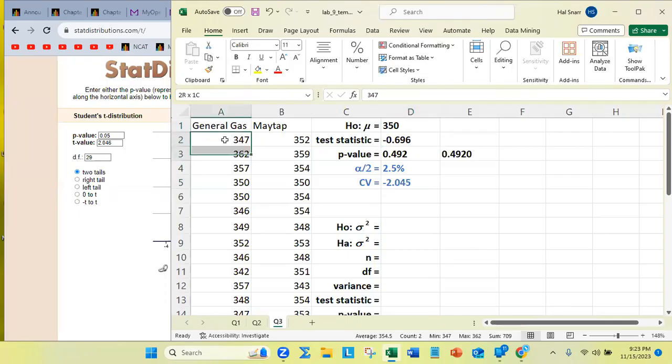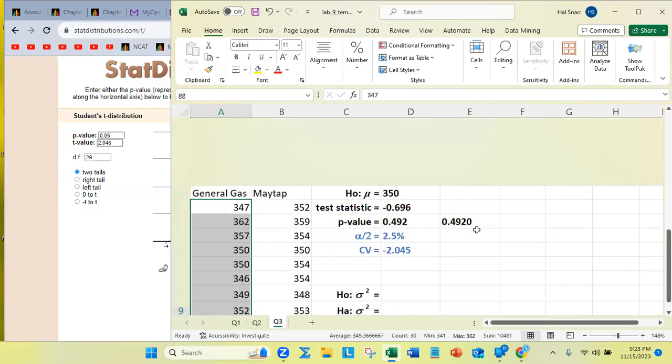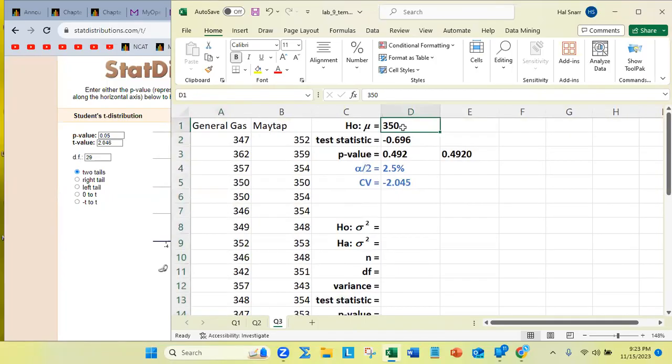I can show you real quick what it is. Down here, the sample mean is $349.37 degrees, right? So the sample mean is less than that, which is why the test statistic is negative. So the difference between my sample mean and my hypothesized mean is negative, right?